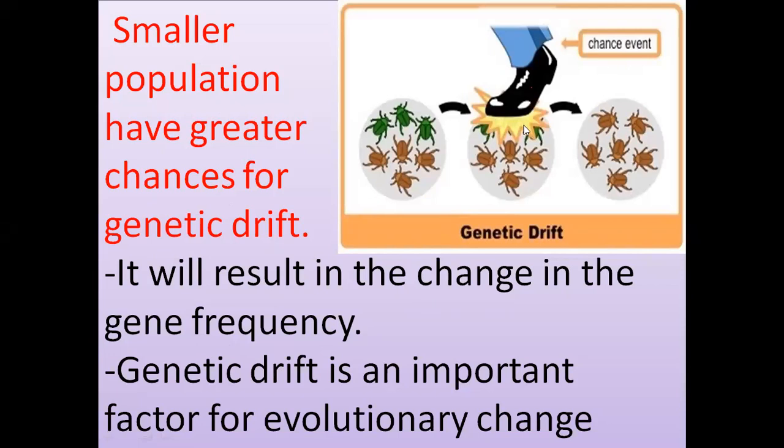These green beetles have been destroyed due to different barriers, due to different natural disasters, and here in this population more brown colored beetles are shown. Green colored ones have been eliminated from this population. So due to this, evolutionary changes occur.